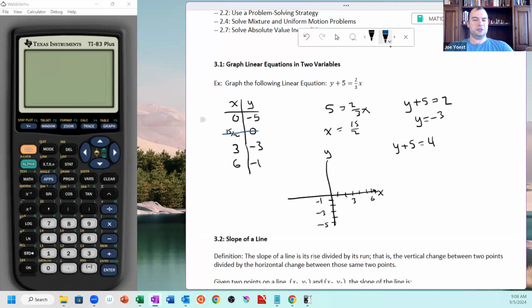And I have 3 points, 0, comma -5. That's this point. 3, comma -3. That looks like that's about there. This would give me a line that looks something like that. And then 6, comma -1. That does seem to be on the line.